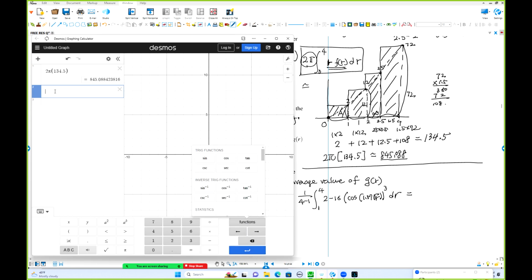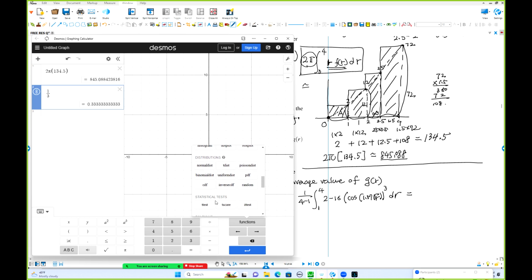So over here, I'm going to do 1 over 3 first. After that, we're going to put in the integral, okay? Integral over here. We take all the area from 1 to 4.